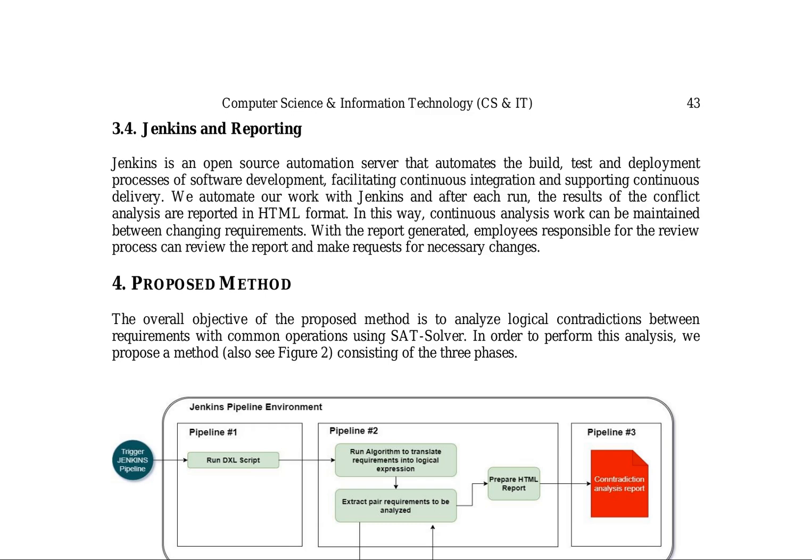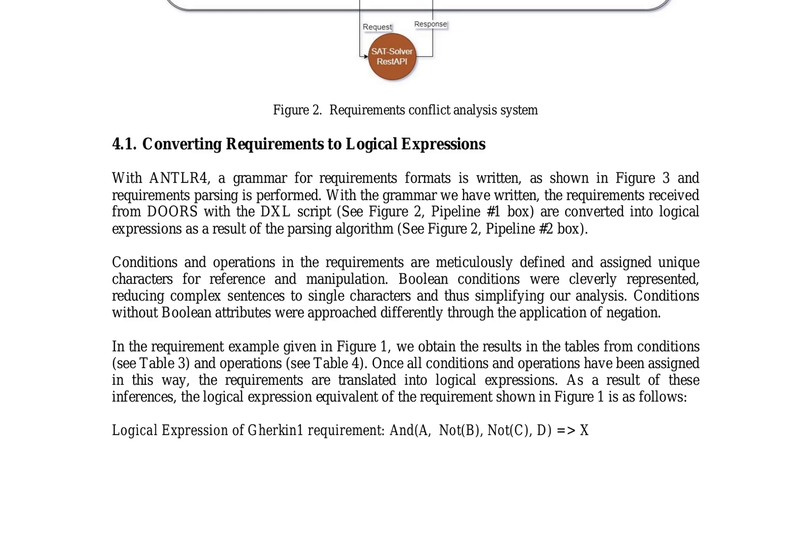In the conflict analysis phase, the algorithm identifies contradictions between requirements by comparing their logical expressions and checking for inconsistencies. The reporting phase utilizes Jenkins to automate the build, test, and deployment processes, providing continuous integration and delivery. Employees can review the HTML report and request necessary changes.